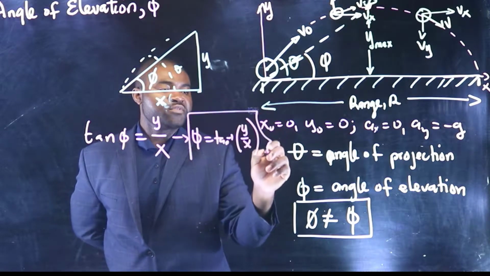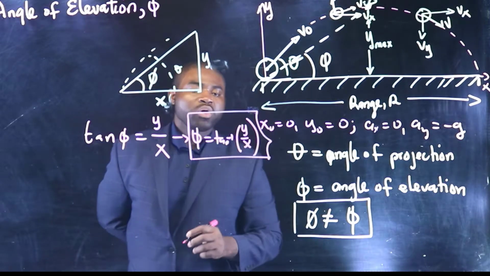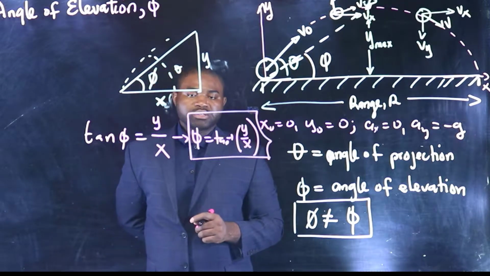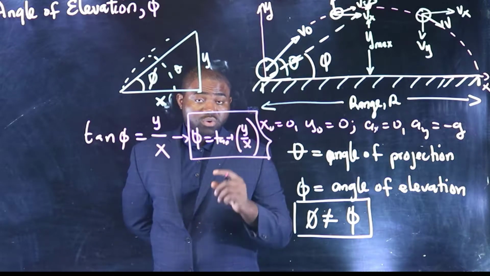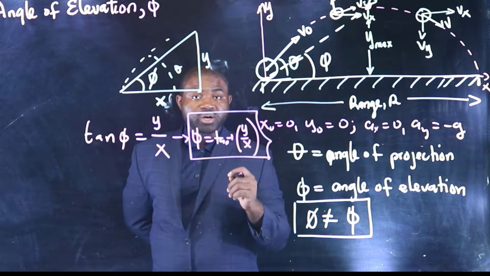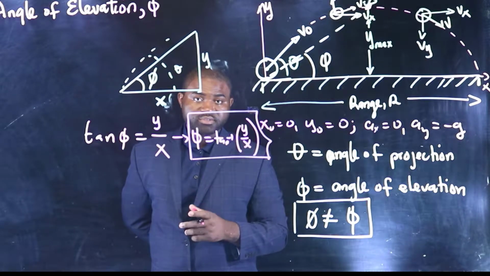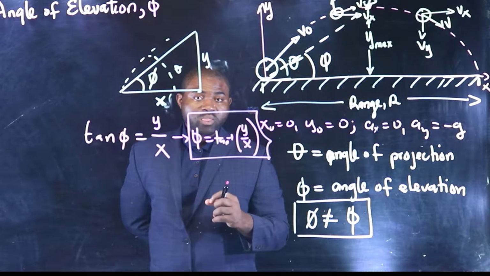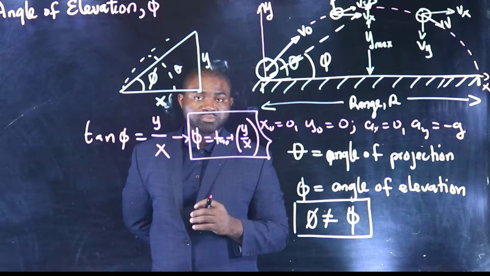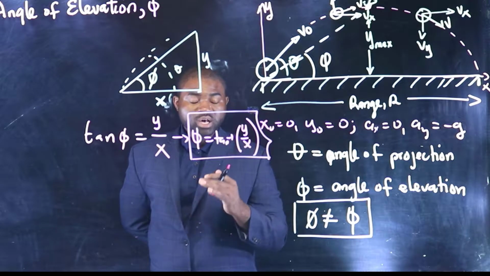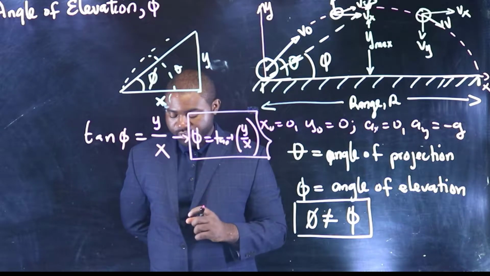This is the definition of the angle of elevation. The question is, we need to define y and we need to define x. We know y at maximum height, we have its expression. Therefore, we can calculate x at maximum height as well.